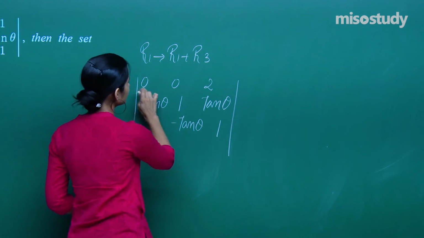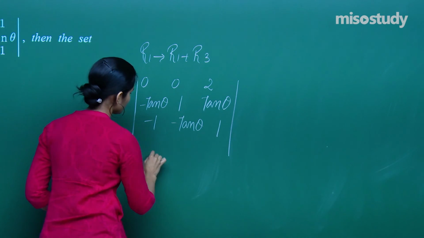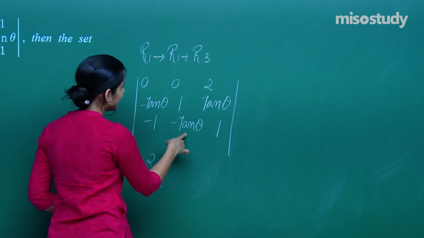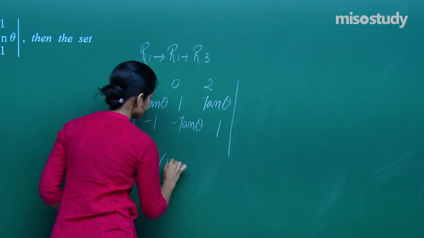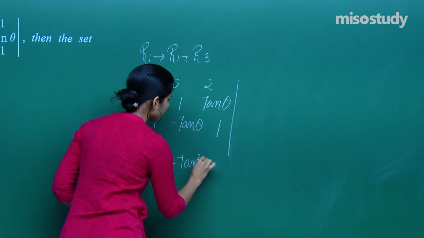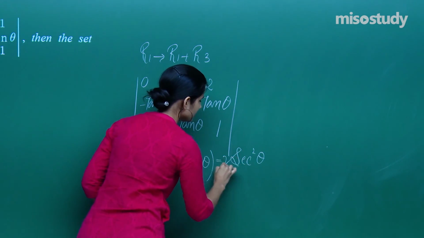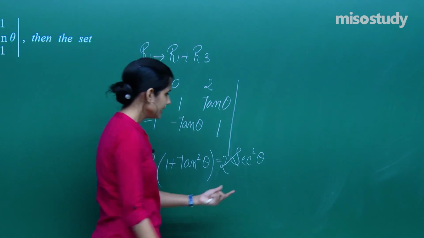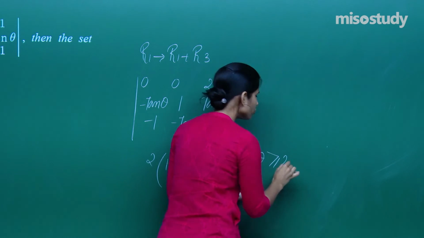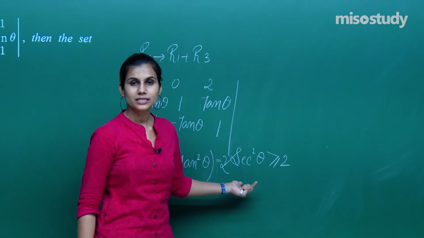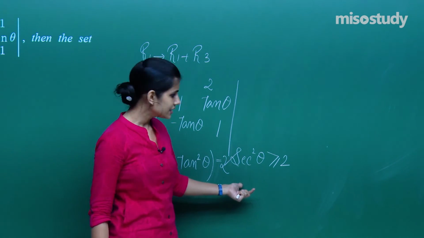When you evaluate the determinant along the first row, you get 2 tan square theta plus 1. And you know 1 plus tan square theta is sec square theta. 2 already you have. This is greater than or equal to 2 when theta is lying between 0 and pi by 2, right?